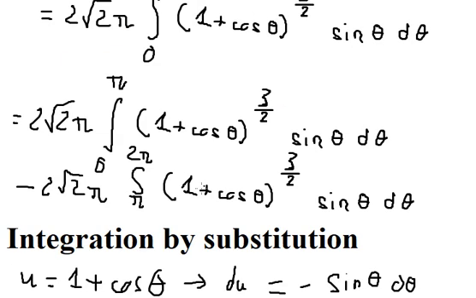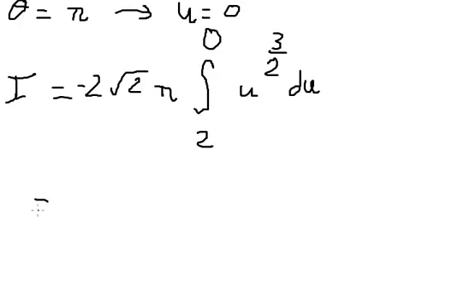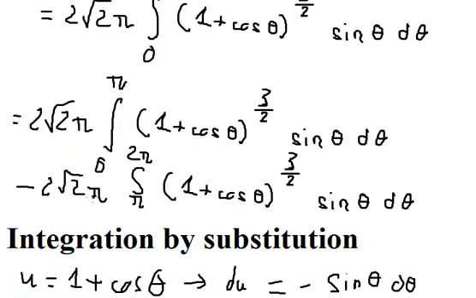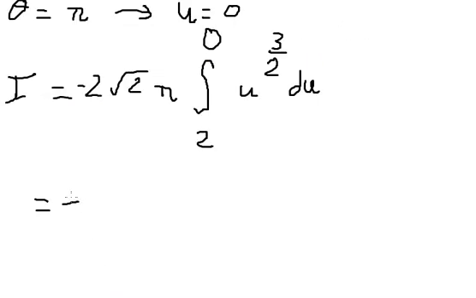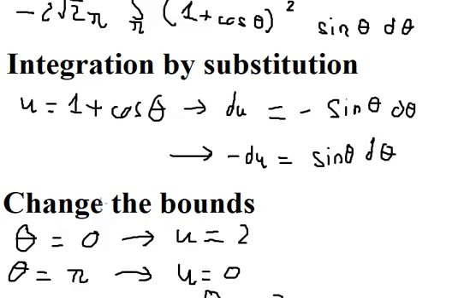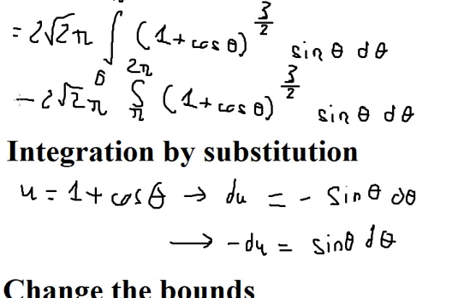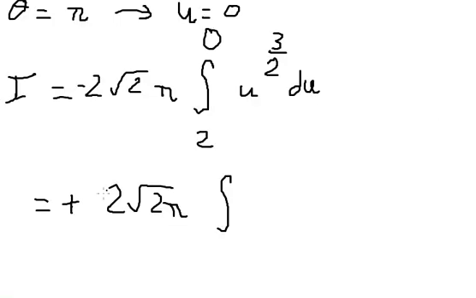Now let's go to the second one. So we do the same in here. Because this one will have negative du, negative with negative, we have positive.